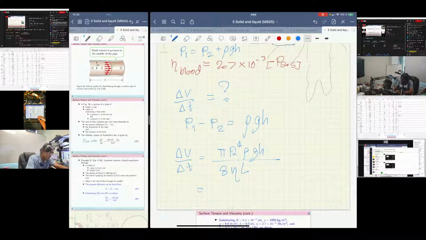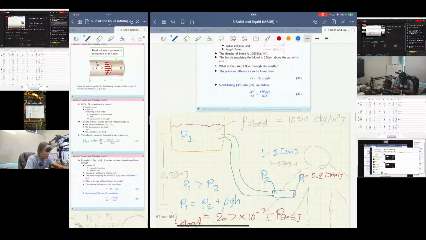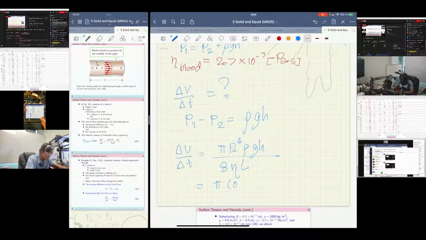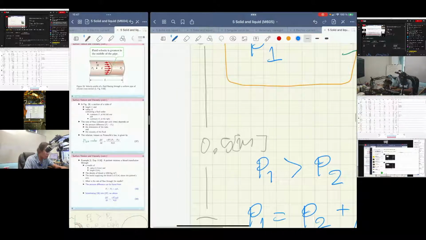Pi is pi, nothing. And the radius in this case is 0.2 times 10 to the negative 3, to the power of 4. Please note that power of 4. Rho is the density of the blood, 1050 kilogram per cubic meter. g is the acceleration on Earth, 9.8, or you can simply use 10. h is the height, 0.5 meter.